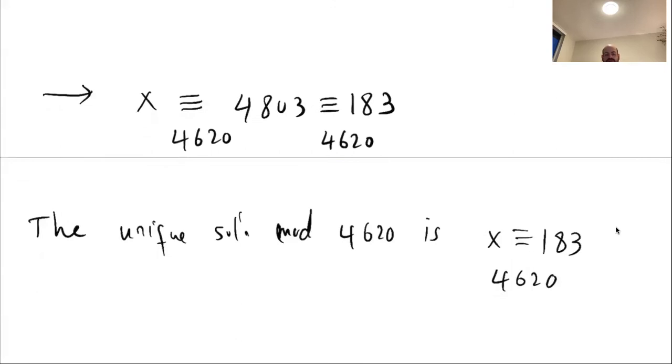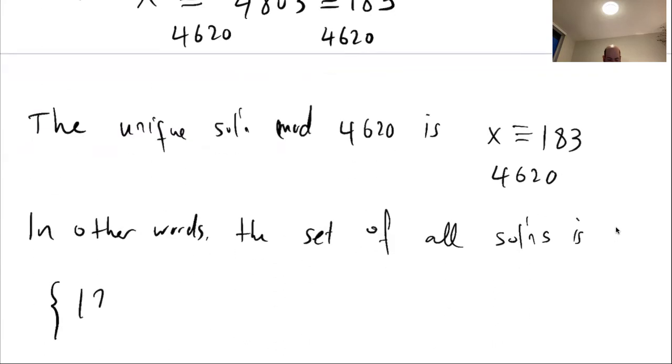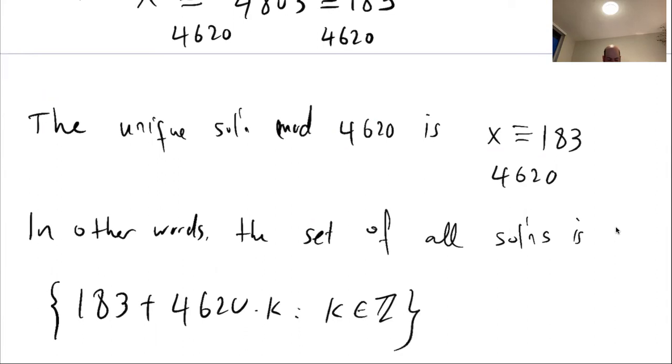Remember, we said that the solution is unique mod M. Or if you want to write your solution as an equality or using set notation, in other words, a set of all solutions is 183 plus, let's say 4,620 times k, where k comes from the set of integers.